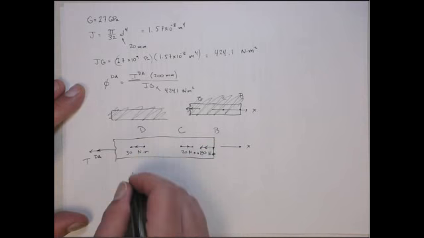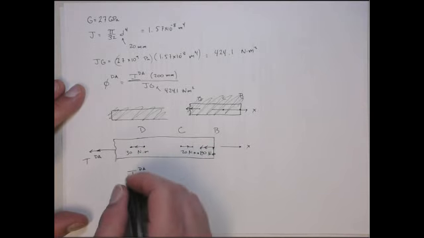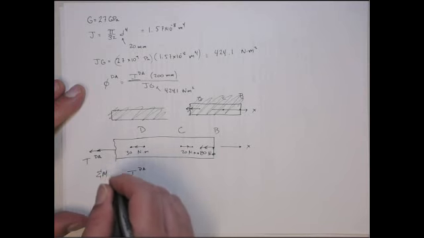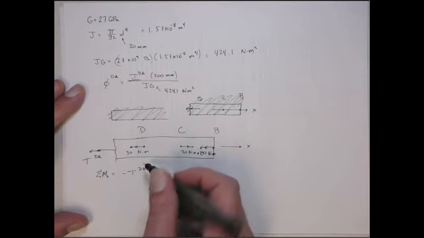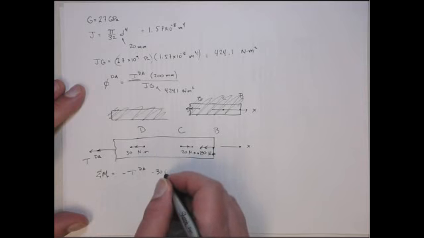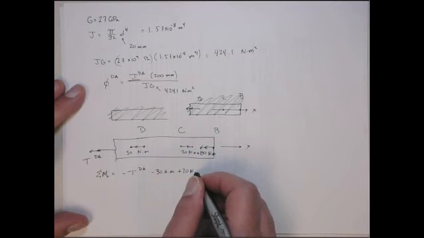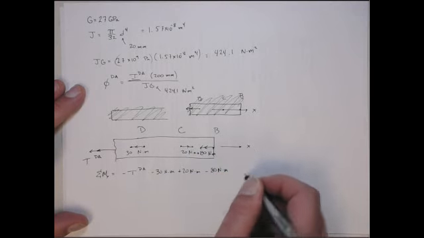So the torque at DA, which is a negative torque, we find by summing moments about the x-axis, and that has to go to 0. We have minus 30 newton meters, plus 20 newton meters, and minus 80 newton meters.